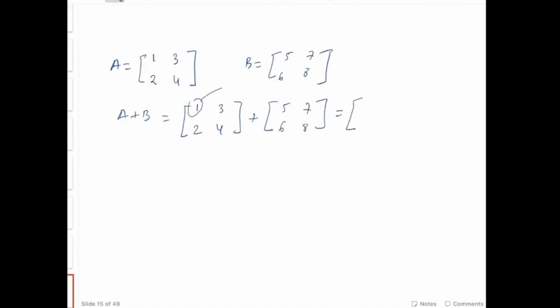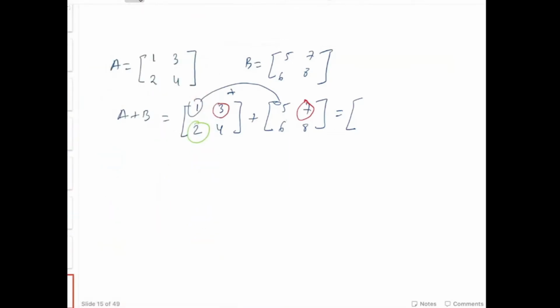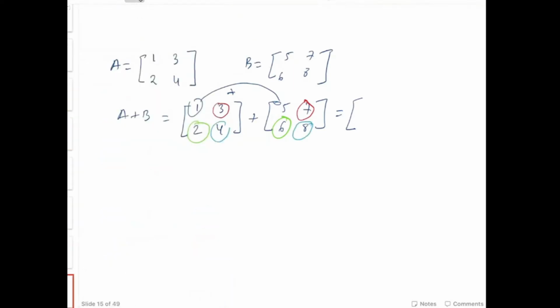You add element by element: 1 plus 5, and this position here with that one. The same we can add this one with this one. And of course, we can do those operations if they have the same dimensions, the plus and minus.